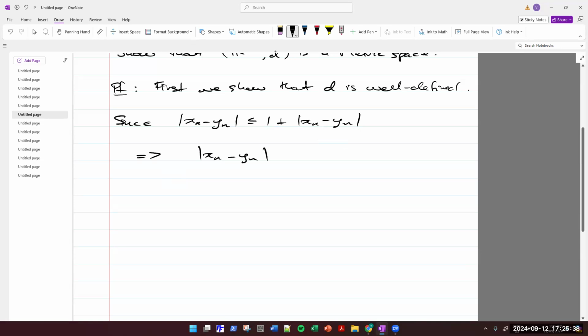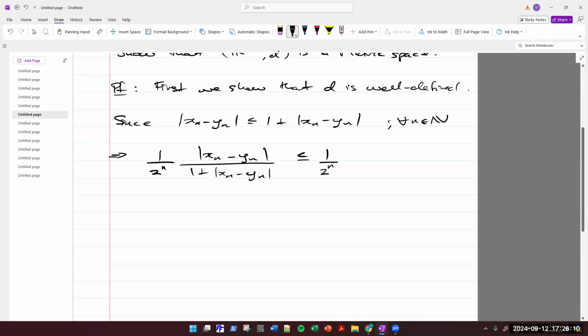Of course this holds for all natural numbers. So divide through by that. So 1 plus that number, and if you divide through, you just get 1 over there. And let me multiply both sides by 1 over 2 to the n.